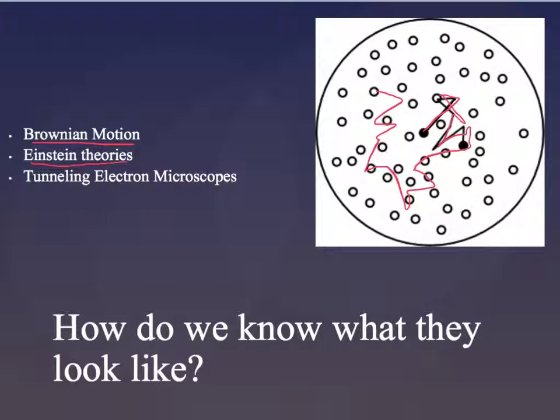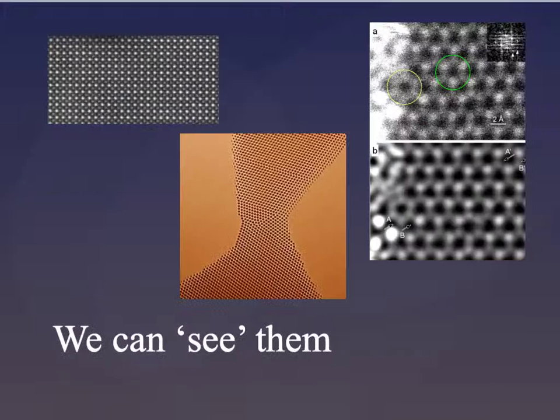Now, it wasn't until Einstein gave us some theories and calculations that we were actually able to map and better understand this motion. And today, with tunneling electron microscopes, here are some examples of images created by them. Now, it's important to note that atoms are so small we can never actually see them, because they are actually smaller than a light wave.